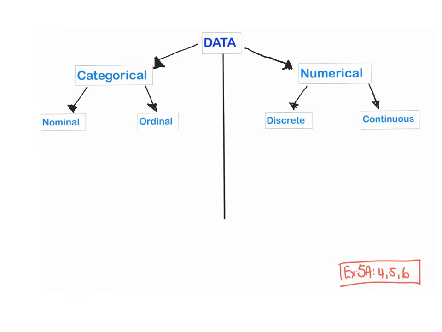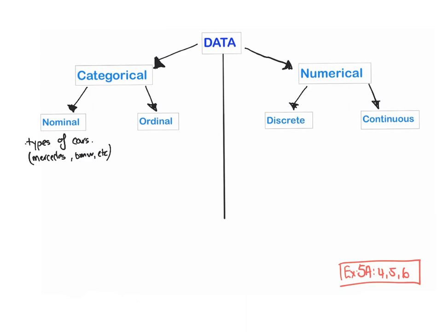An example of categorical nominal data could be types of cars, so you might put in brackets Mercedes, BMW, etc.